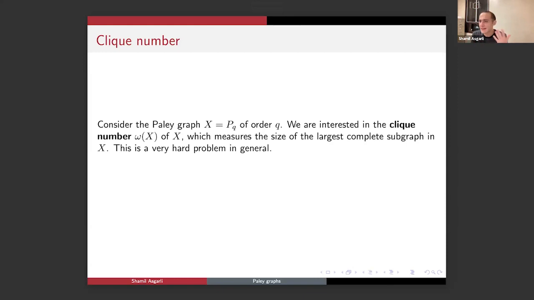So we're looking for a collection of elements in a finite field such that each pairwise difference is a perfect square. So it sounds like an innocent looking problem, but yet it's so out of reach. Determining the clique number exactly, finding a formula for the clique number, is really, really hard. It's completely out of reach.